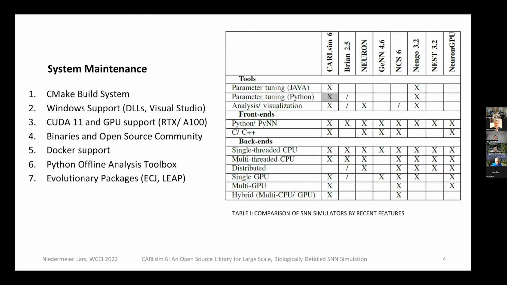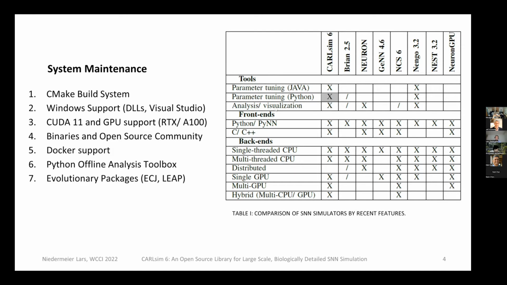To have a little overview of the technical features, CARLsim 6 mainly addresses those in the area of system maintenance. For instance, we introduced a CMake build system to support that abundant mass of hardware and systems.